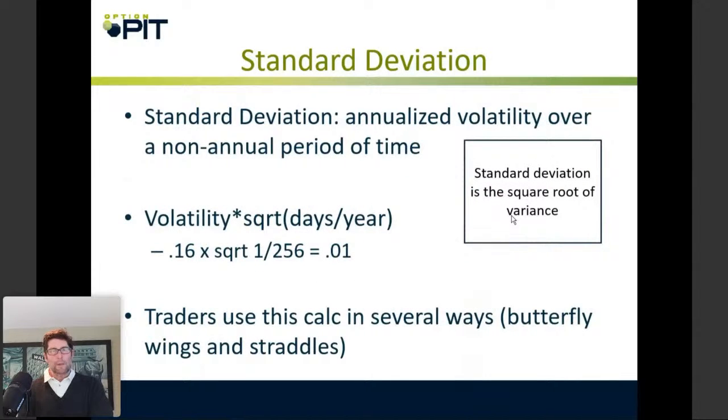Now, the idea is here, how do you take your annualized number and you turn it into a non-annual period of time? So the idea is, okay, volatility is great for a year, but I'm only trading for 3 days or 4 days or 5 days or 1 day.